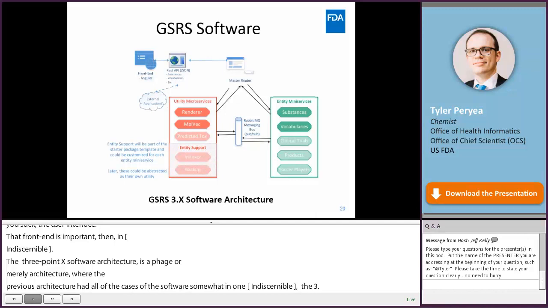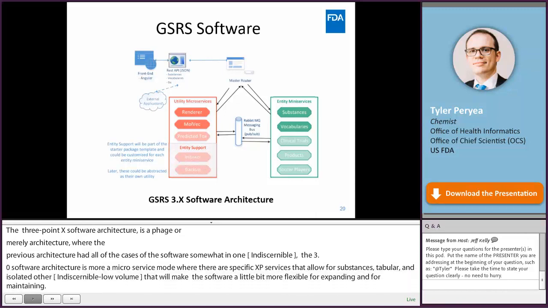This will make the software a little bit more flexible for expanding and for maintaining. It also ends up using a more modernized framework, Spring Boot, instead of the Play framework, which is what it had been using.